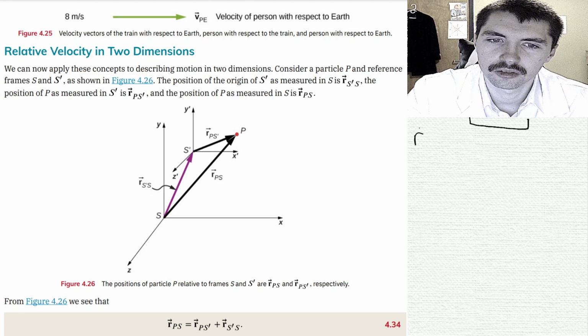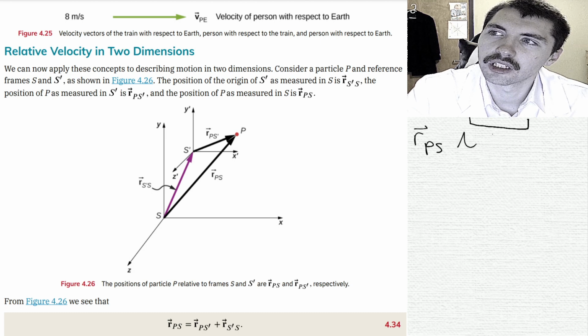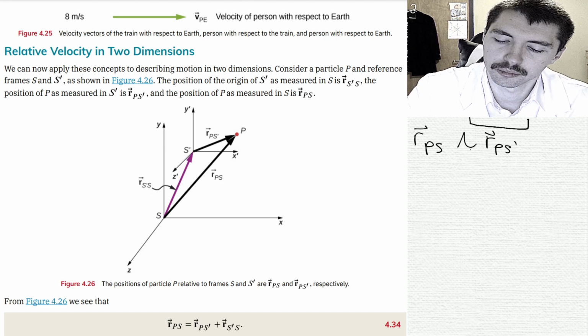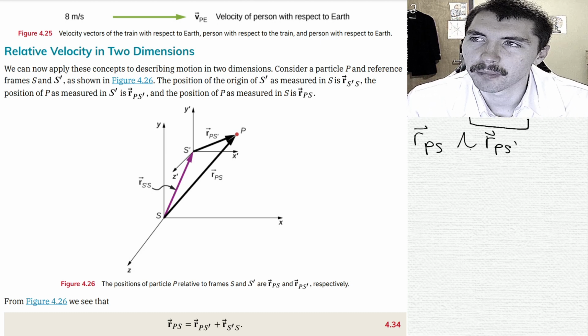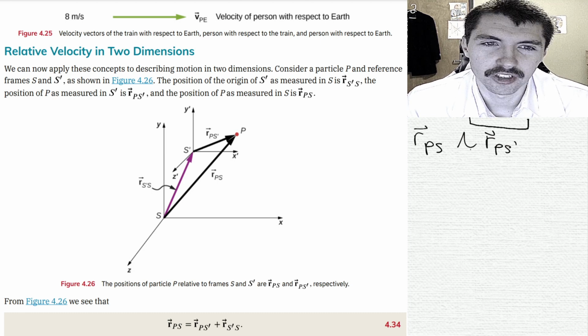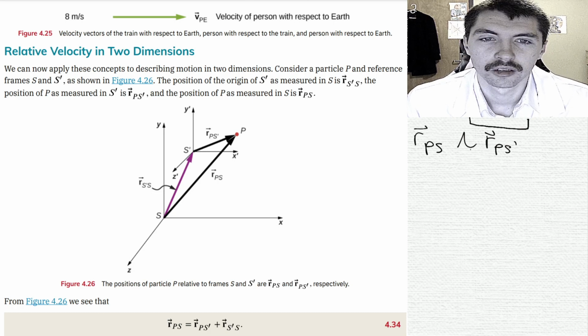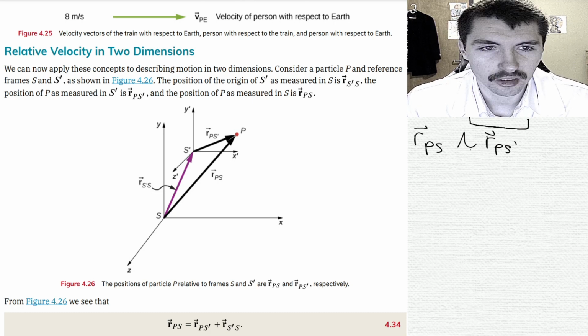Okay, so R of a particle in S and R of a particle in S prime reference frames. This R is the position vector in multiple dimensions. Okay, so we now apply these concepts.